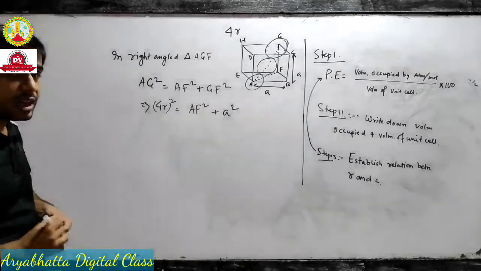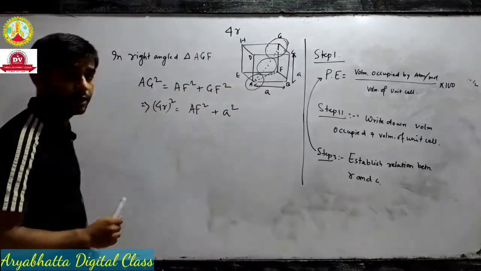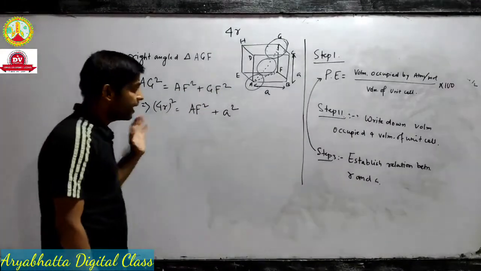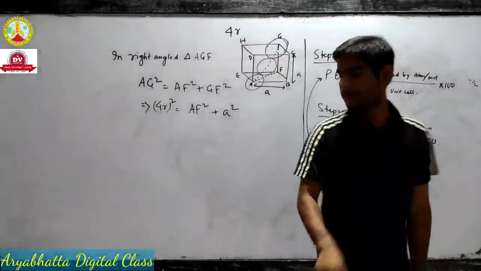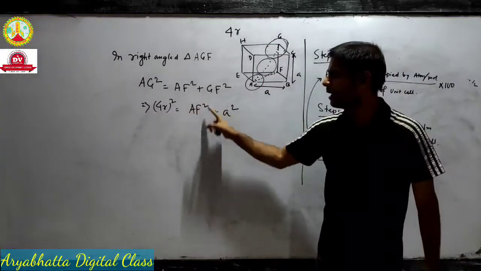But even after writing the first equation, we didn't get the proper relation between R and A because AF is unknown.